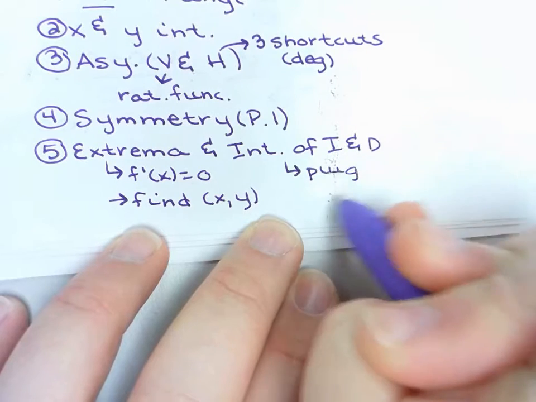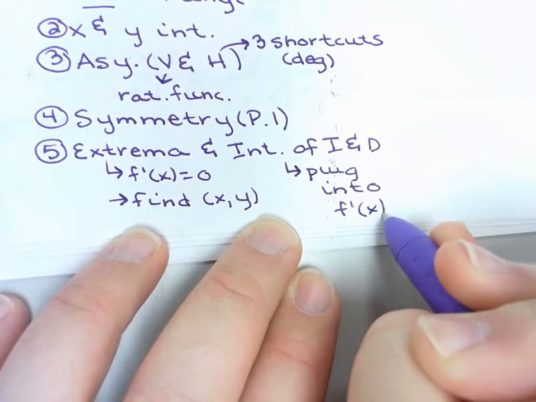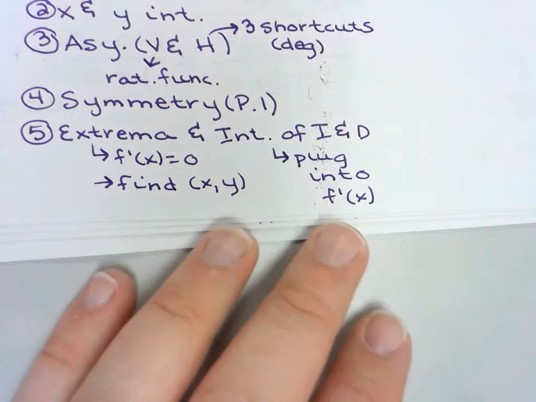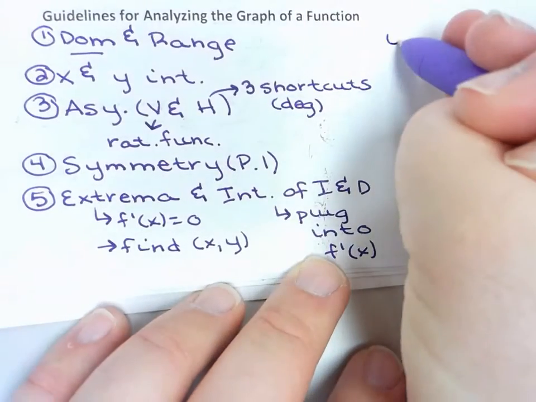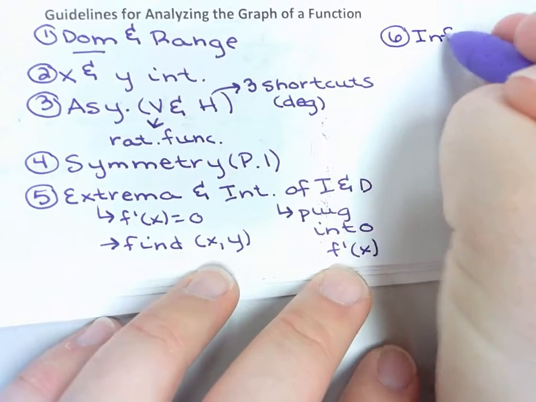Plug into first derivative. So you have to keep track of what you're looking for. If I'm looking for a y value, it goes back in the original. If I'm looking for increasing or decreasing, plug it into the first derivative. If I'm looking for concave up or concave down, it goes in the second derivative. So keep track of that. 6, we will do inflection points.